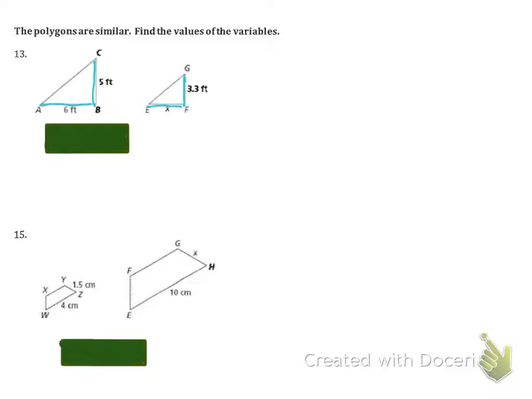That'd be like saying 5 over 3.3 is going to be equal to 6 over x. So then 5x is going to be equal to, no, I'm sorry, not 18, we're going to do 6 times 3.3, which is 19.8.